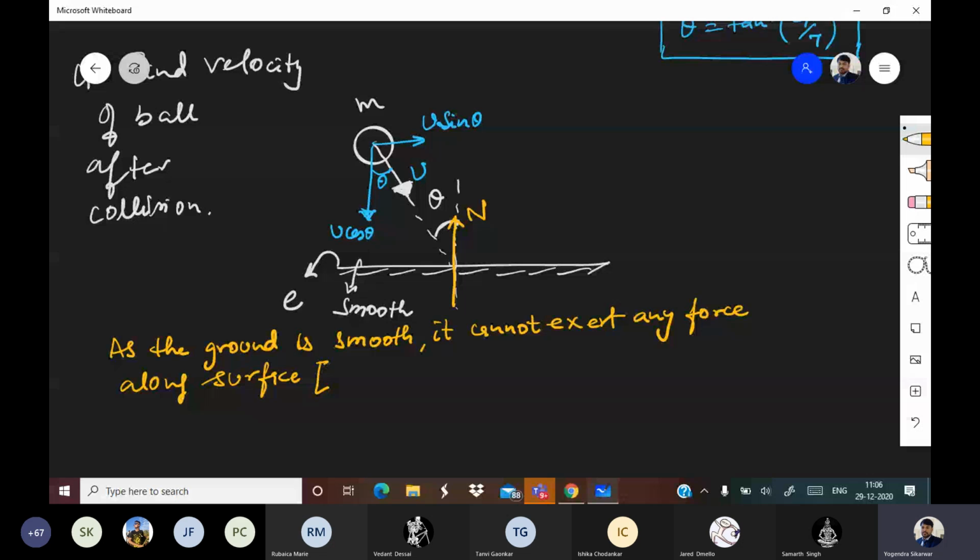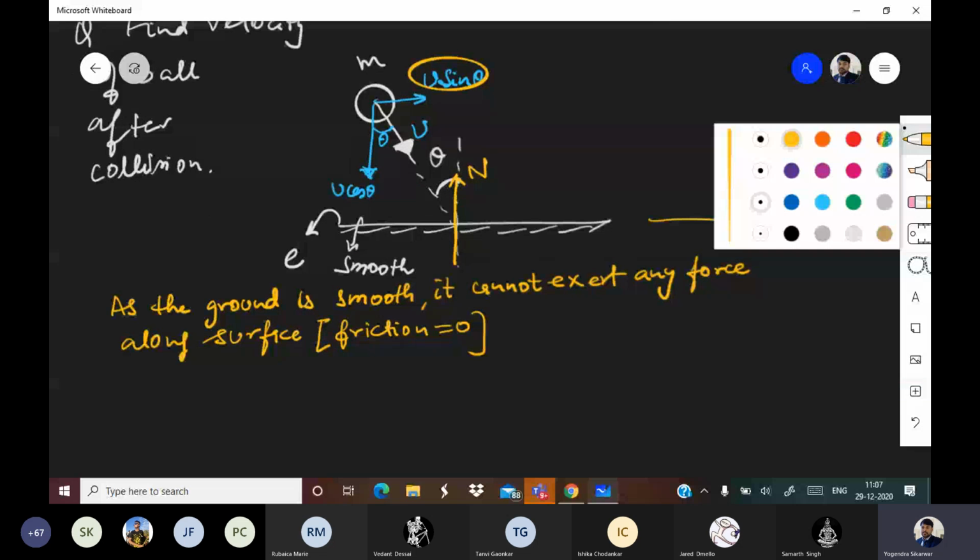So the point to be noted is, if there is no horizontal force acting on the ball, its horizontal velocity will remain unchanged, or you can say x direction velocity will remain unchanged. Remember this point in your mind.